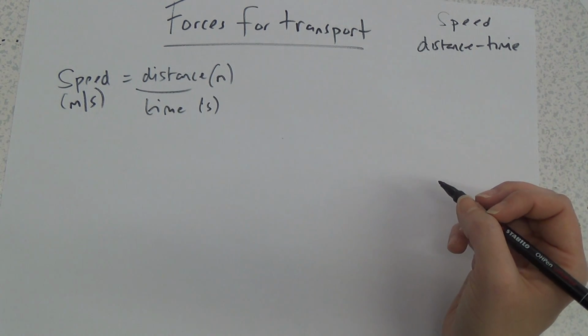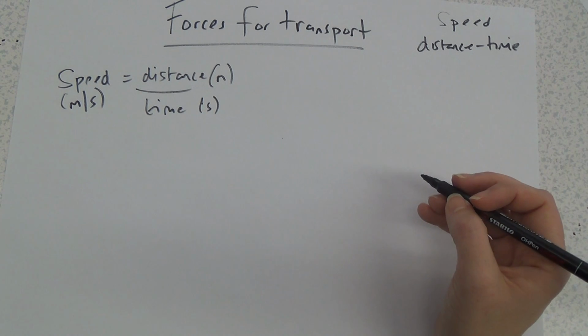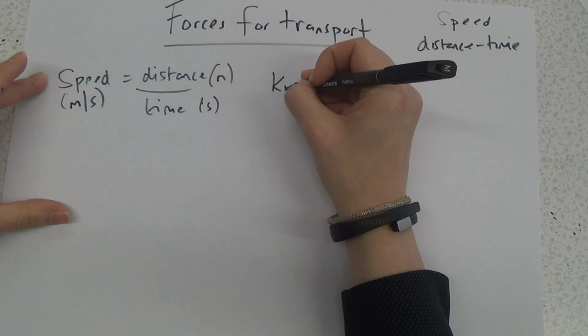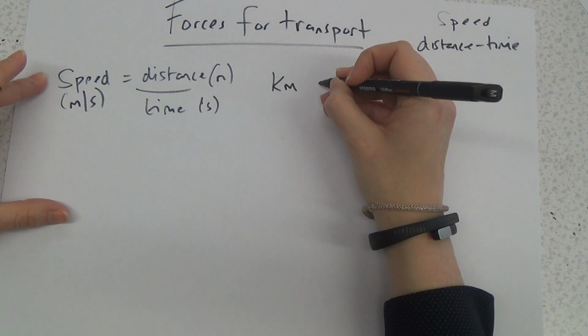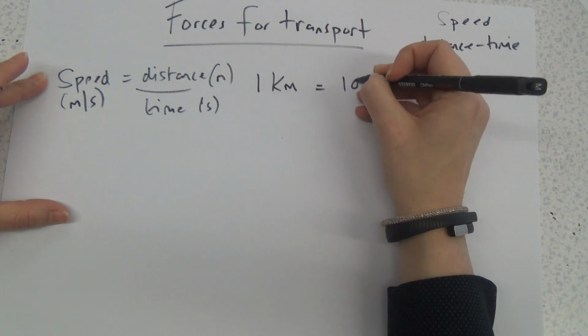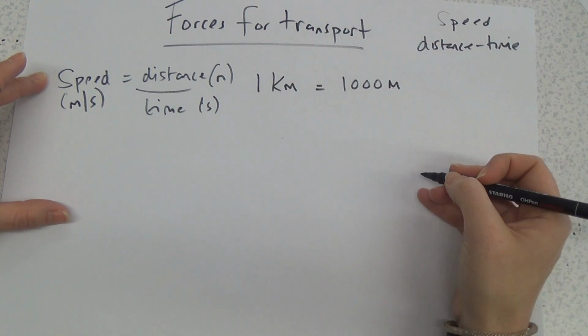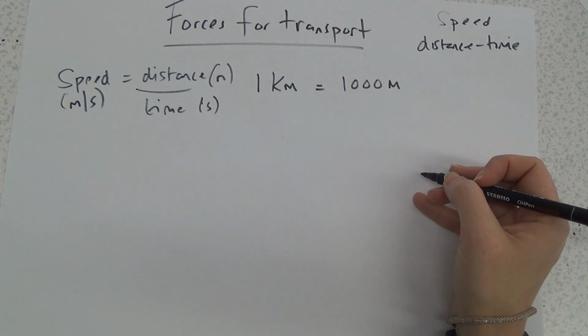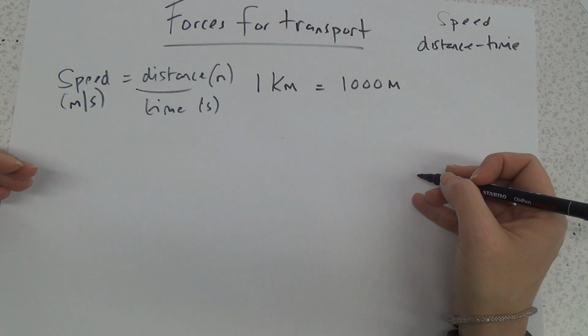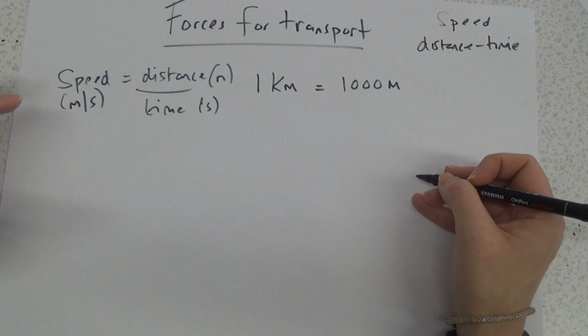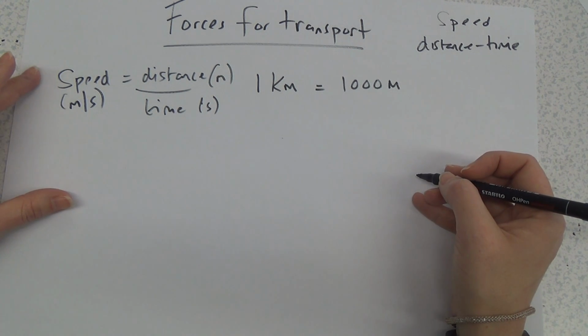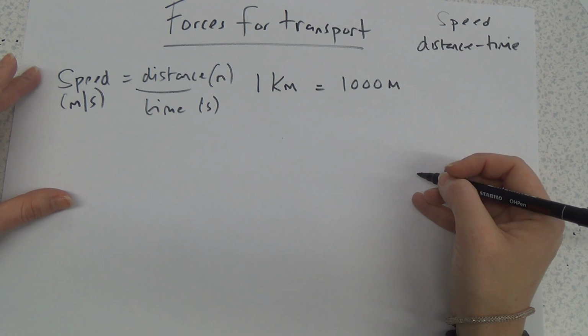However, they can give you other units. They might, for example, give you distance in kilometers, and each kilometre is equal to 1,000 metres. So if they give you kilometres instead of metres, and you need to convert to metres per second because they specify that, you've got to convert.